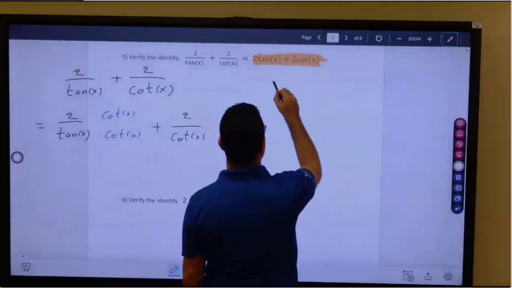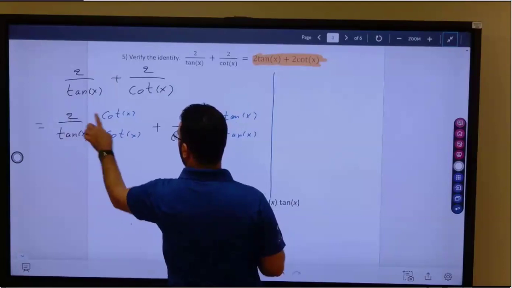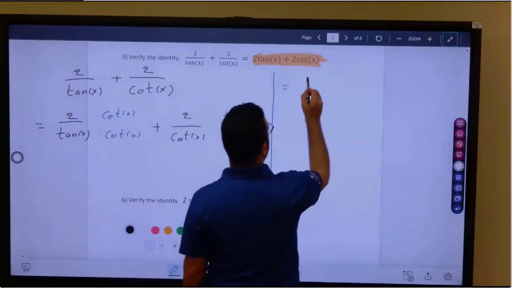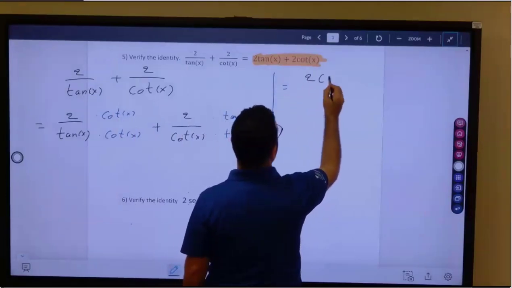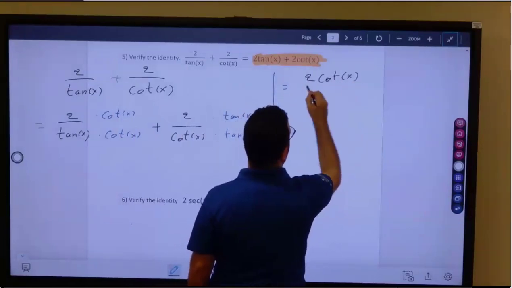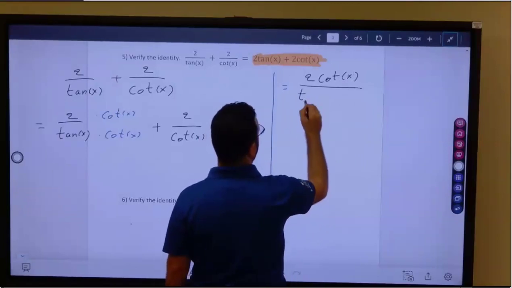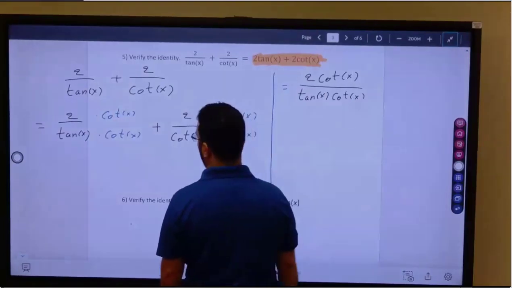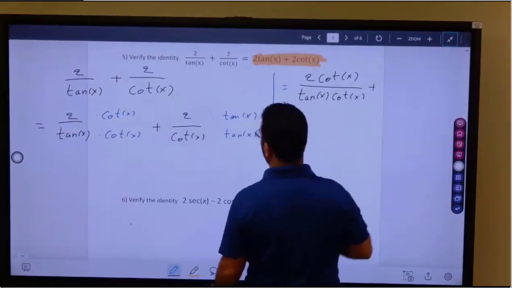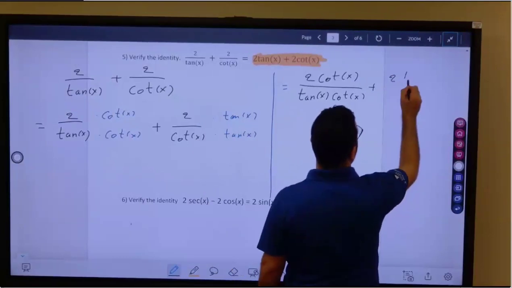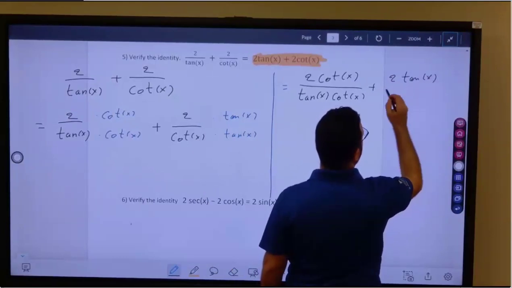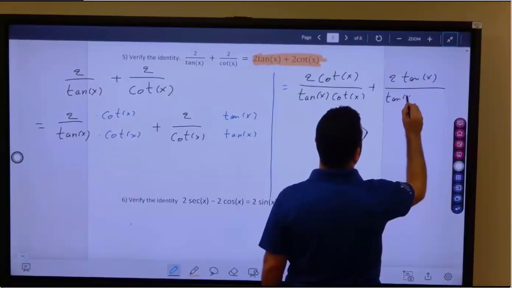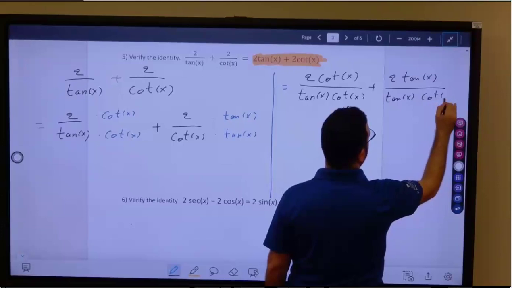On here, 2 times cotangent is going to be 2 cotangent x over tangent x cotangent x, plus 2 tangent x over tangent x.